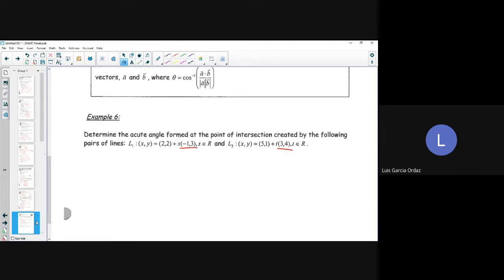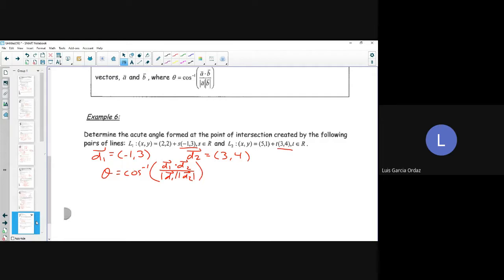My direction vector for the first one is going to be (-1, 3). My direction vector for the second is going to be (3, 4). So I know that in order to find my acute angle, theta is equal to cos inverse of the dot product of d1 and d2 divided by the magnitudes of both of them.